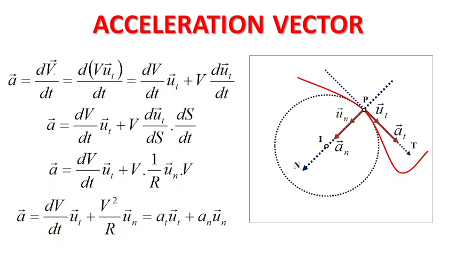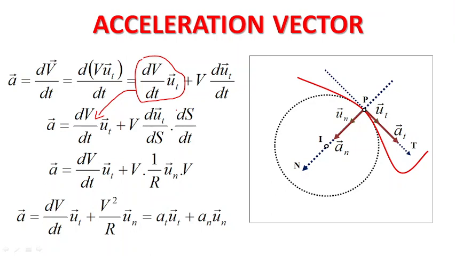Therefore, dv vector by dt equals d of v ut by dt. Now we apply the product rule, (uv)' equals u'v plus v'u, which gives dv by dt times ut plus v times dut by dt. Now we apply the chain rule to the second term. v dut by dt equals v times dut by ds times ds by dt.